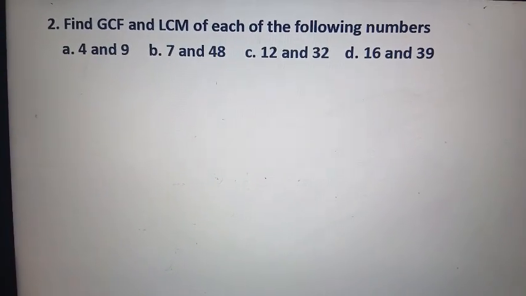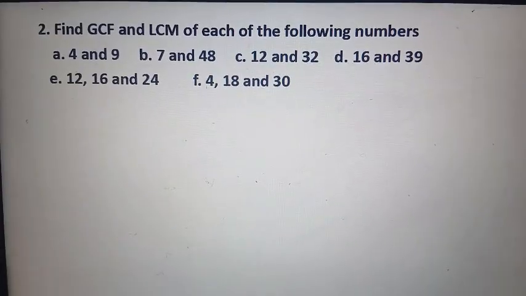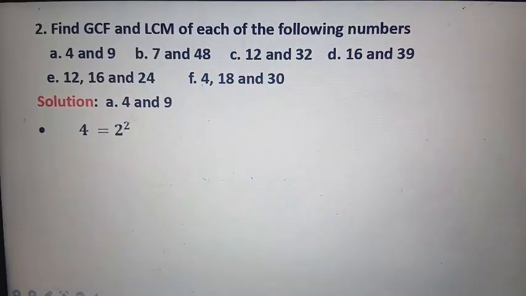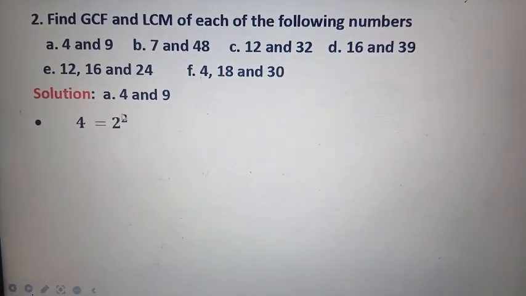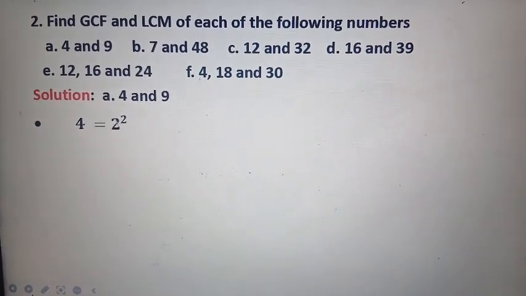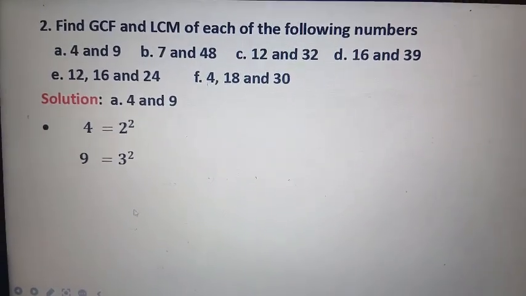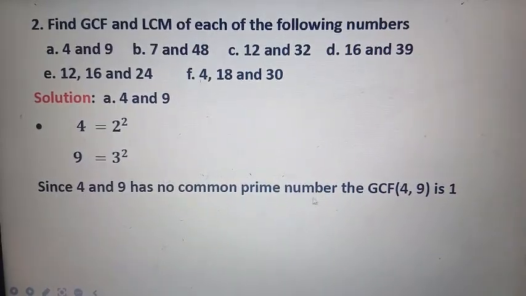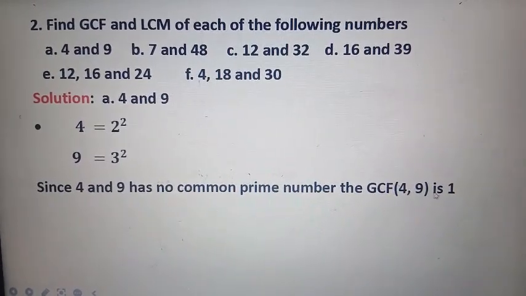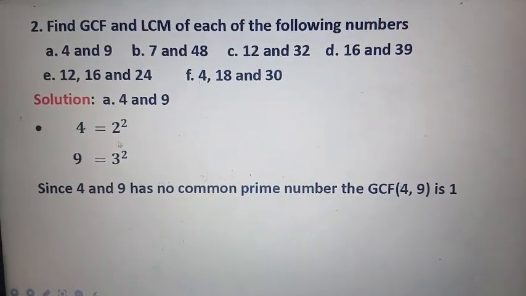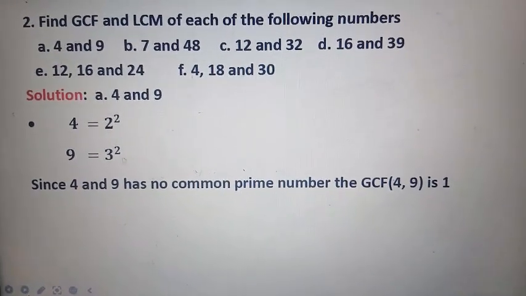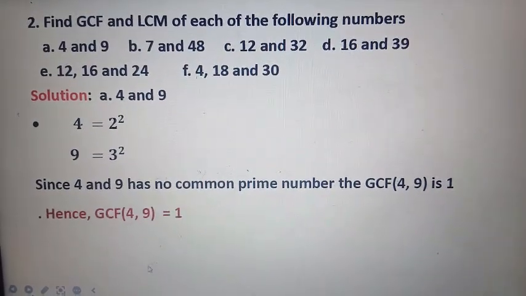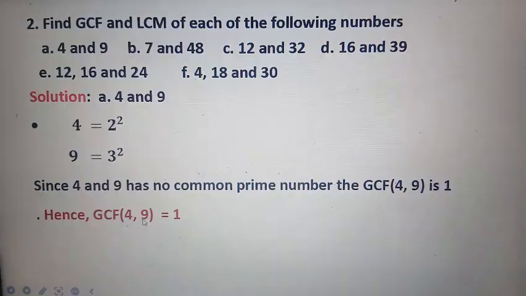Since 4 and 9 have no common prime numbers, the GCF is 1. Hence the GCF of 4 and 9 is 1.